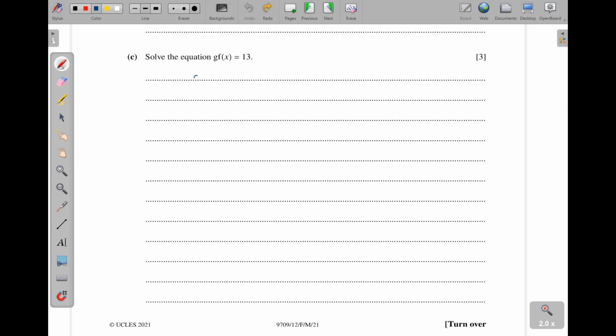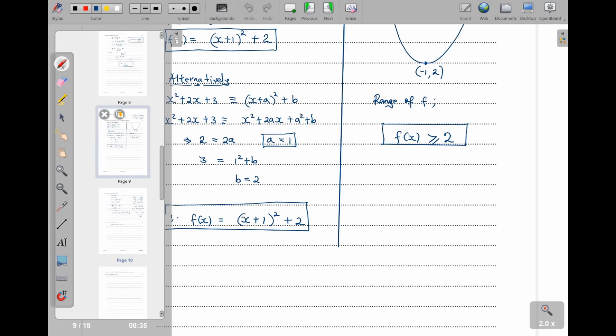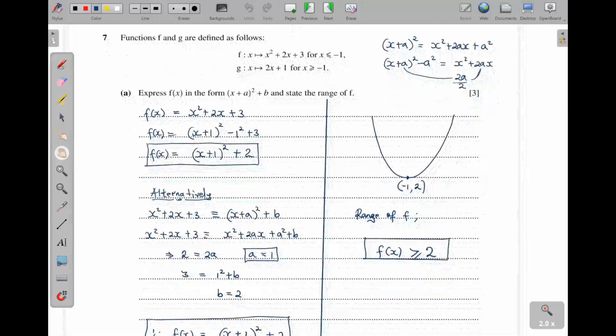Now, gf of x, we are going to have our f of x is x squared plus 2x plus 3, which is equal to 13, okay? Or we can use the completed square format, whichever you want. So g of x was actually given as 2x plus 1.